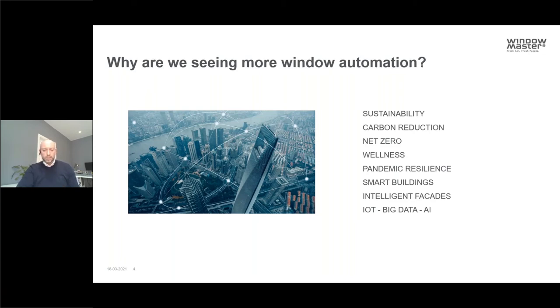And then there are some emerging themes: pandemic resilience for both existing and future buildings, and planning for potential challenges in the future, making our buildings more adaptable, making them smarter, and using things like intelligent facades, the BMS, Internet of Things, big data and AI to really make our buildings perform on point and do the best job that they can, to make them great places to work and learn in while using as little energy as possible.